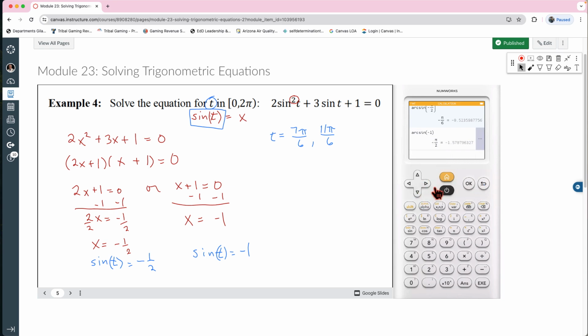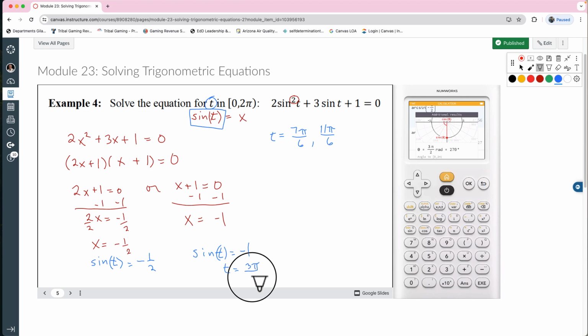And again, it's always good to come here and take a look at our picture. That's actually 3 pi over 2, because our domain is going from 0 to 2 pi, not including negative angles. So we've also got this angle here, 3 pi over 2, that came from here. So t is also equal to 3 pi over 2.